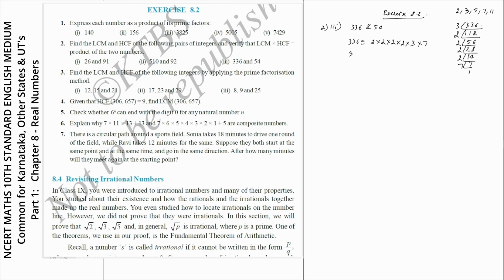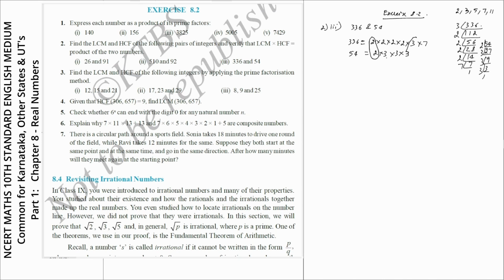So what about 54? Factorize it. If I factorize 54, it is divisible by 2, 2 27s are 54, which is divisible by 3, 3 9s are 27, again 3 3s are 9, 3 1s are 3. So this is equal to 2 into 3 into 3 into 3. Now among these two numbers we should find the common factors. 2 is a common factor and one 3 also is a common factor.